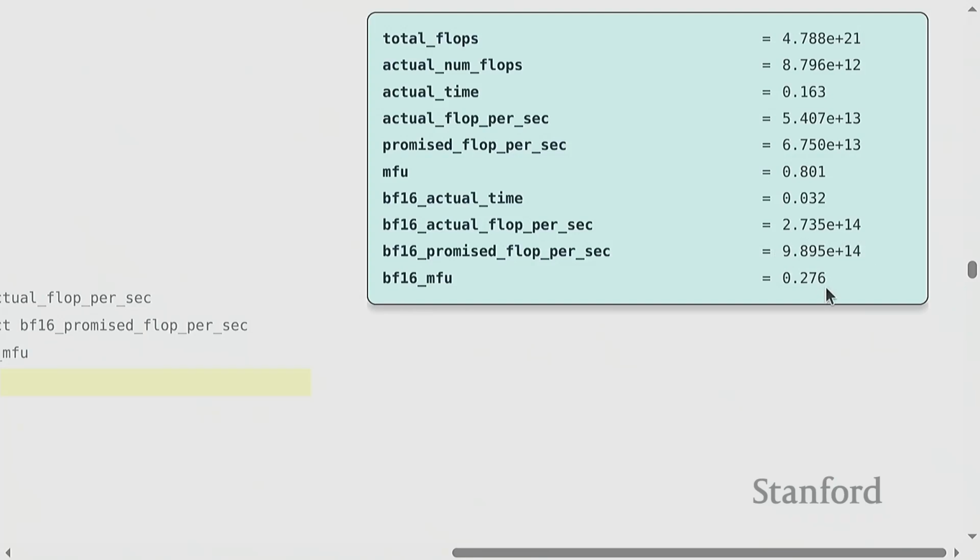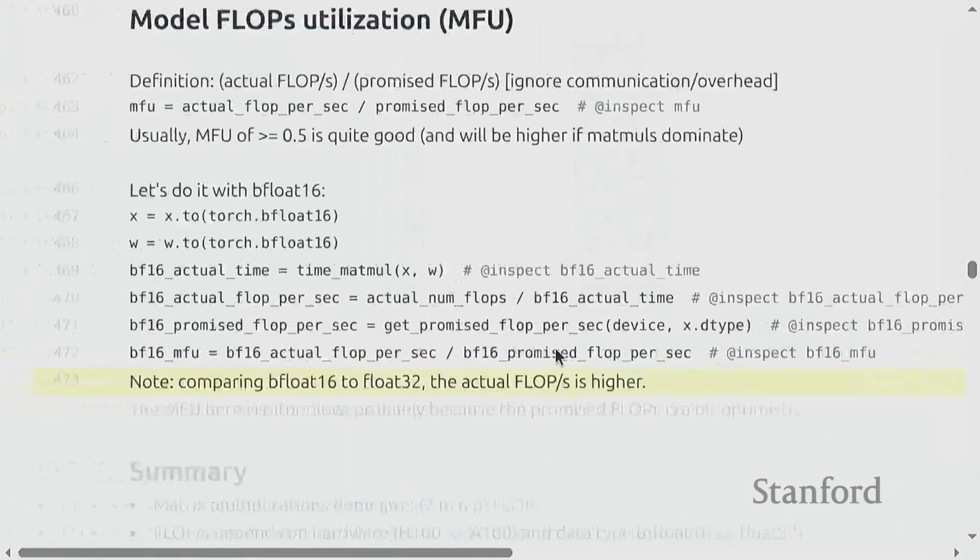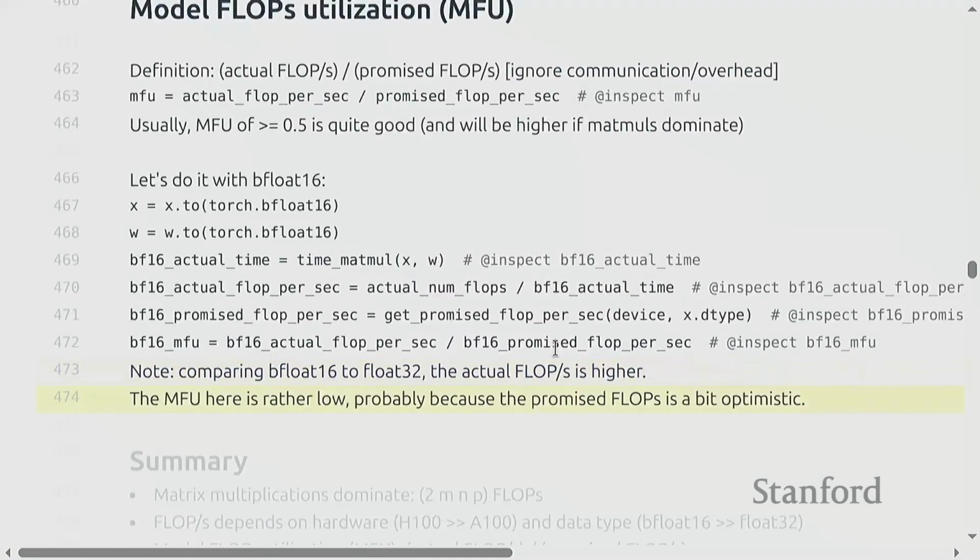So the MFU is actually lower for BF16. This is maybe surprisingly low, but sometimes the promised flops is a bit optimistic. So always benchmark your code and don't just assume that you're going to get certain levels of performance.